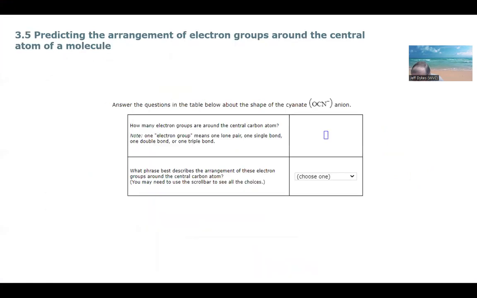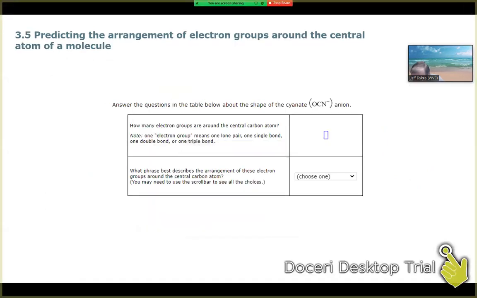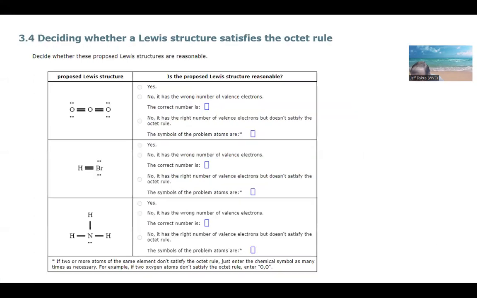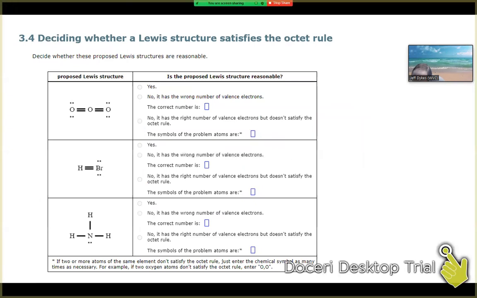The most that hydrogen can have for its octet is 2.